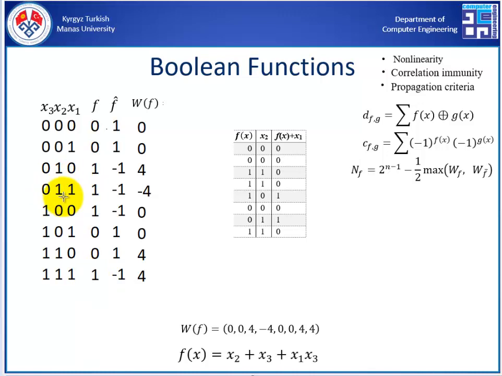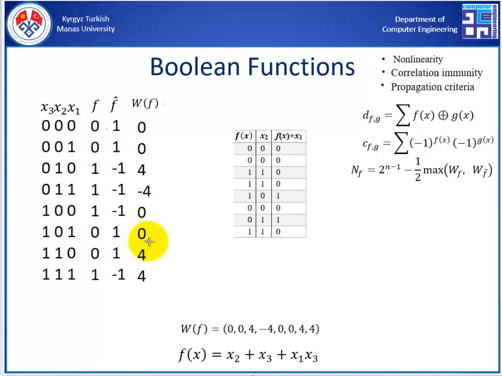It is also correlated to the combination of bits x2 and x1, since the corresponding element is equal to 4. However, this function is not correlated to the combination of bits x1 and x3, since here we have 0.